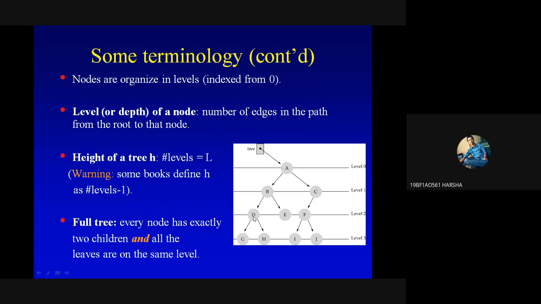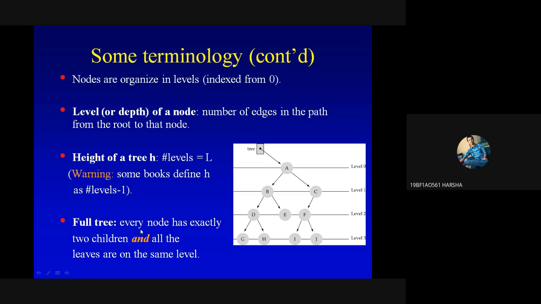D is level 2 because it has two edges from the root: A to B, one edge, and B to D, one edge. For G, from the root node to G there are three edges: A to B, B to D, and D to G. So it is level 3. Likewise, the level of a node can be identified.